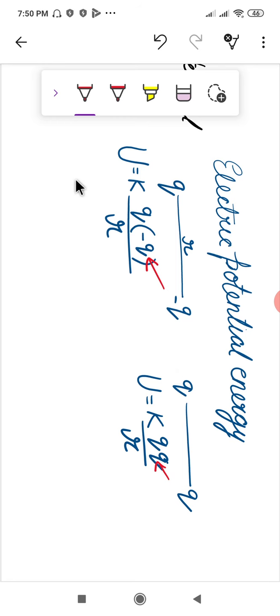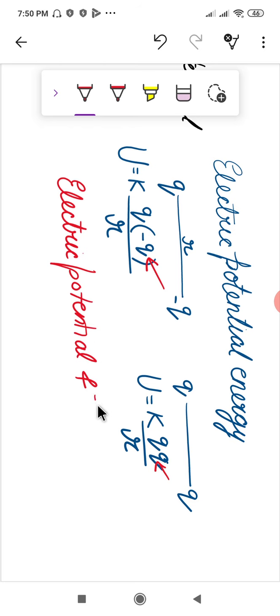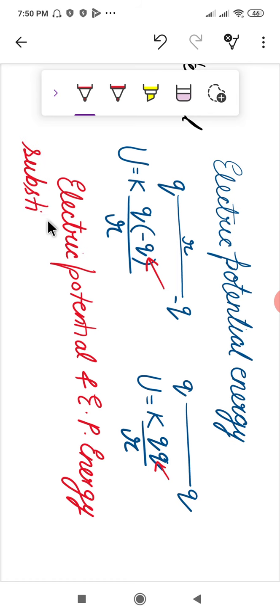When you are writing electric potential and electric potential energy, then substitute the charges with sign.